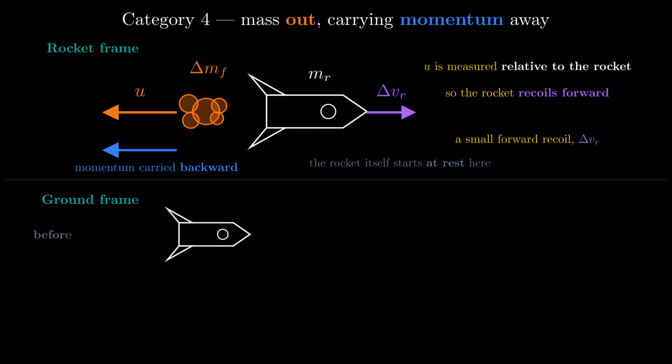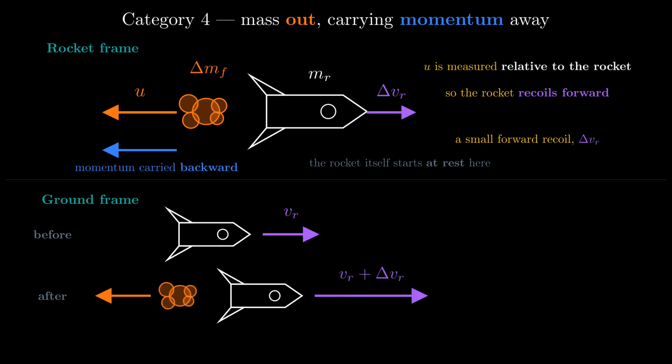Now draw it in a frame where the rocket is already moving forward at speed v sub r. After the ejection, the rocket moves at v sub r plus delta v sub r, while the fuel ejected backward moves at speed u minus v sub r, since the exhaust outruns the rocket.